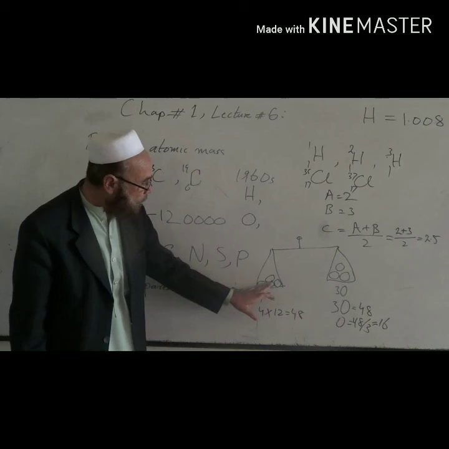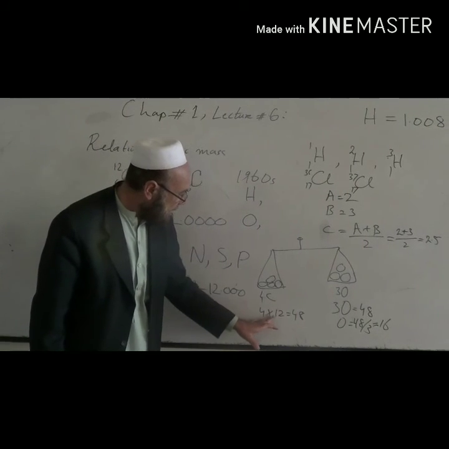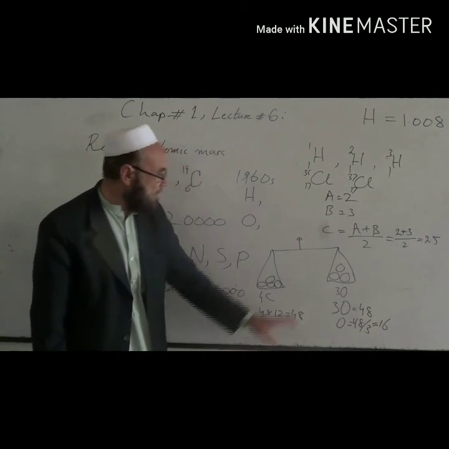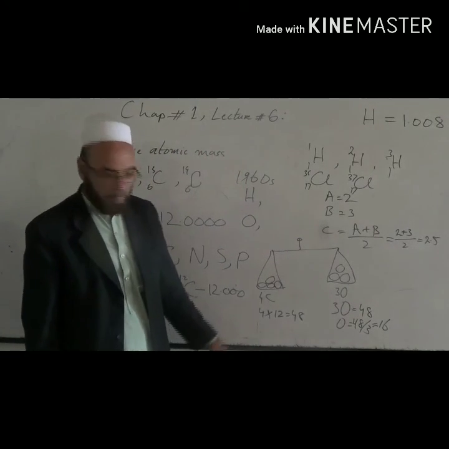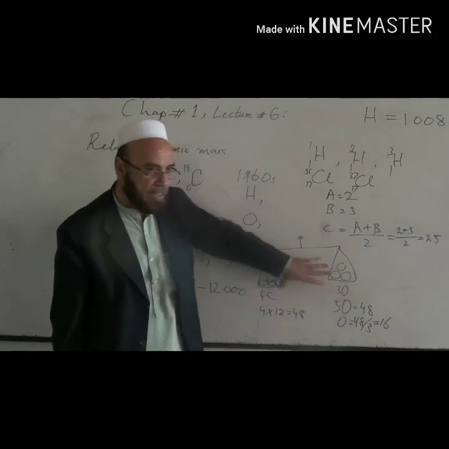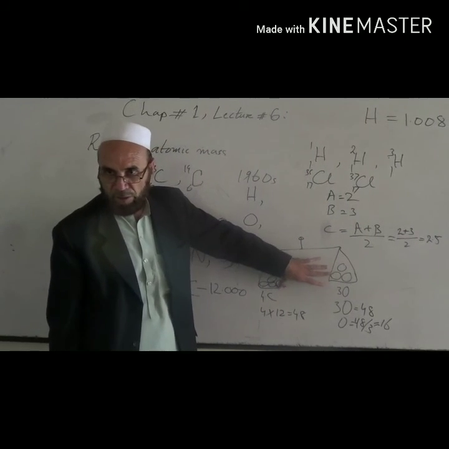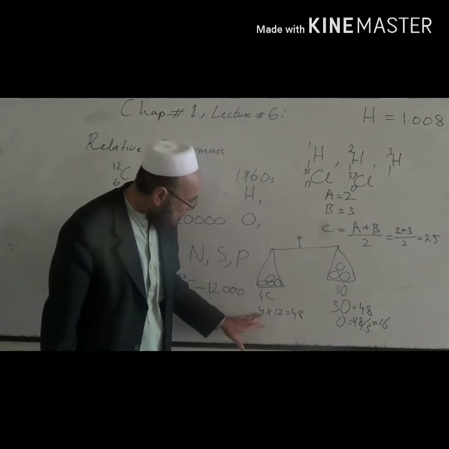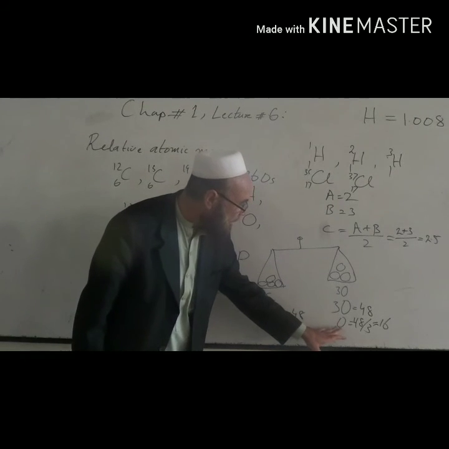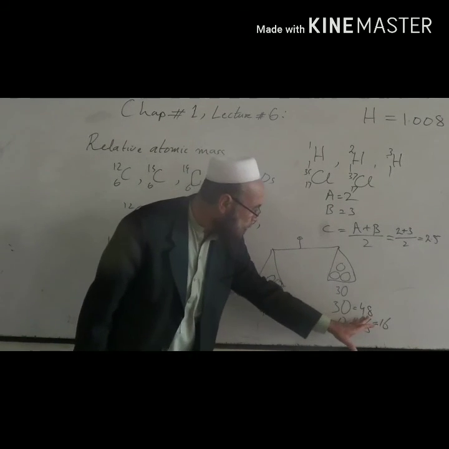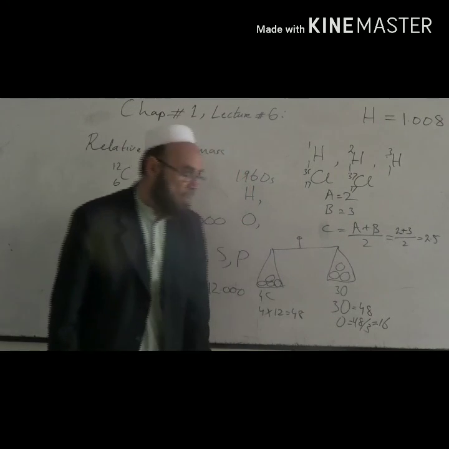So when 4 atoms of carbon, which equal 48, are compared to 3 atoms of oxygen, they will also be 48, because the scale is balanced. They are equal. 4 atoms times 12 is equal to 48. Similarly, 3 atoms of oxygen will also equal 48. 1 atom will become 16.